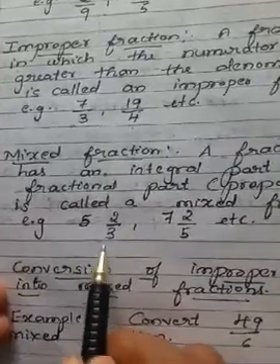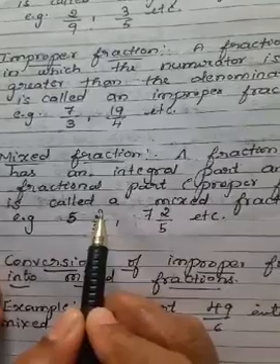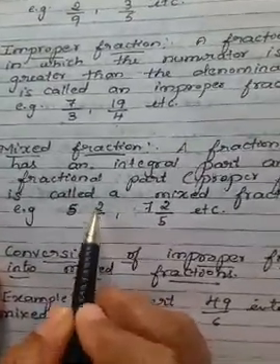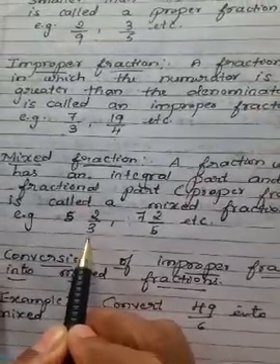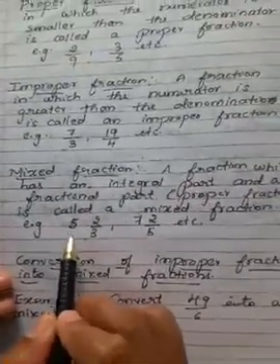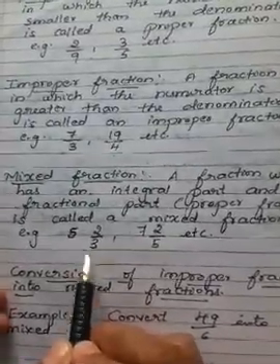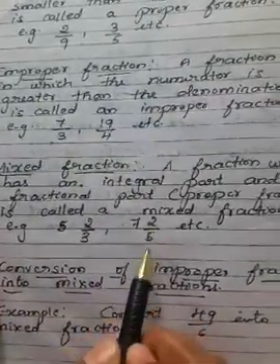So this fraction has an integral part and fractional part, and that fractional part is which fraction? Proper fraction. See here numerator is smaller than denominator, it is a proper fraction. So such a fraction is called mixed fraction. Okay, and 7 2 upon 5.